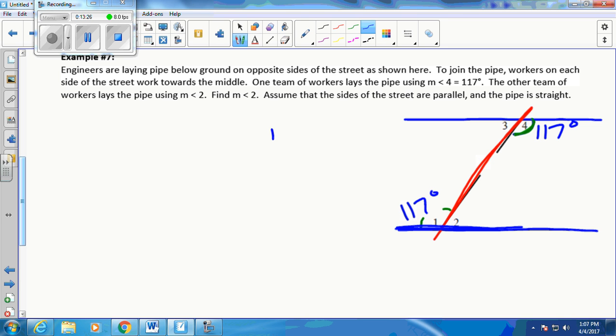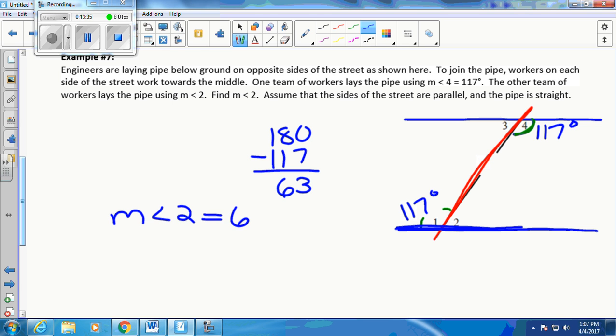So if I take 180 and subtract 117, it will now give me 63. So the measure of angle 2 is 63 degrees because angle 1 is alternate interior to angle 4, and then angle 1 and angle 2 are supplementary. So that's the thought process behind that one.